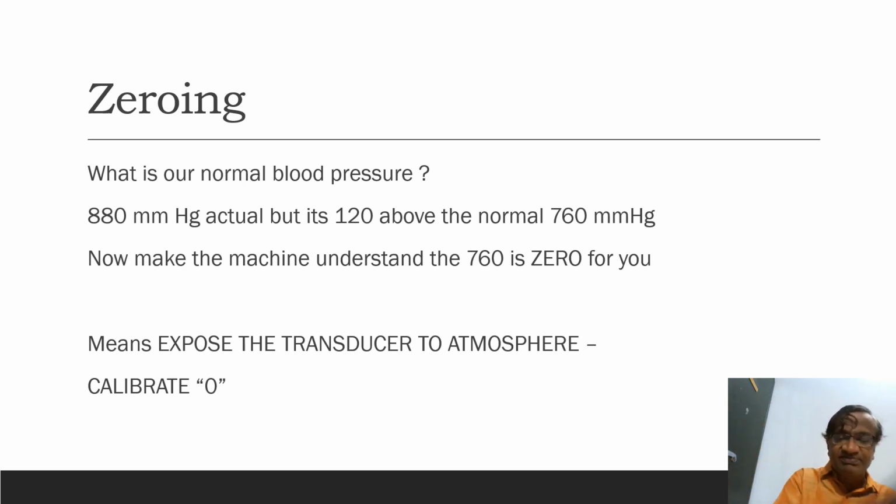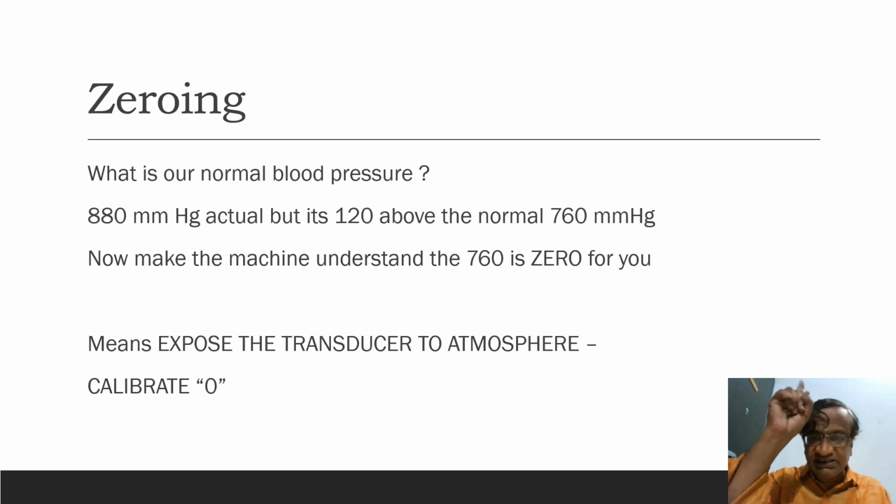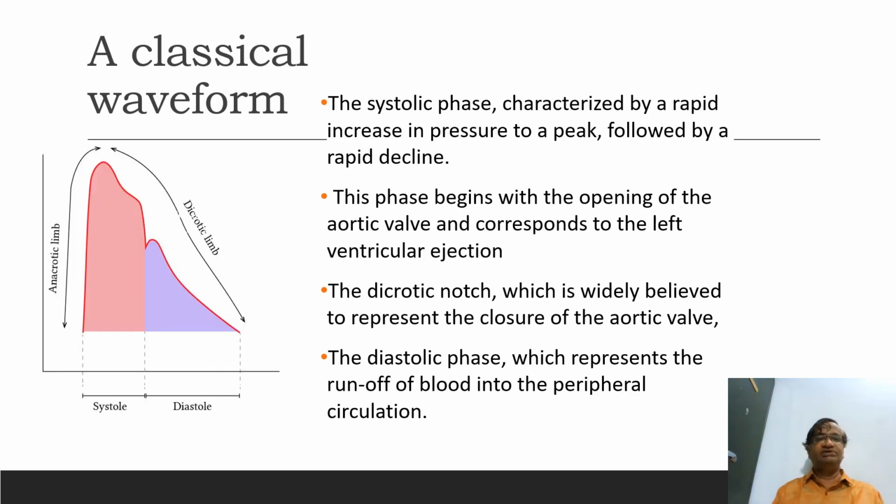Then 880 becomes 120. So you make the machine understand 760 is equal to 0. That is what is called zeroing, which means exposing the transducer to atmosphere and telling it this is 0.